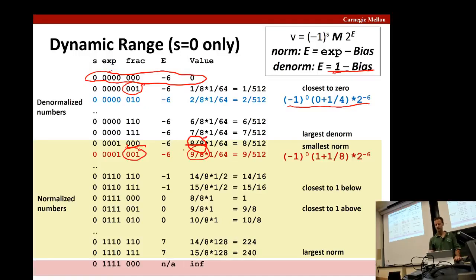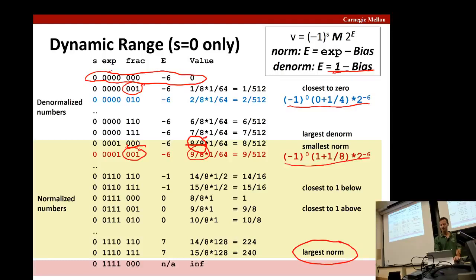Otherwise you're just plugging in a formula that looks like that, and showing what the numbers are. Eventually you get closest to 1 below, then you get 1, and then closest to 1 above, and then eventually you get to the largest normalized value you can represent.